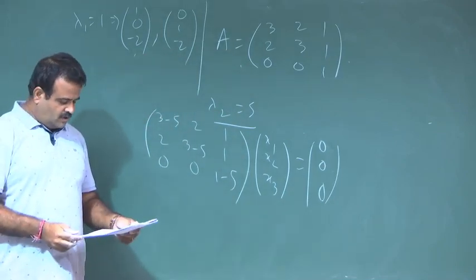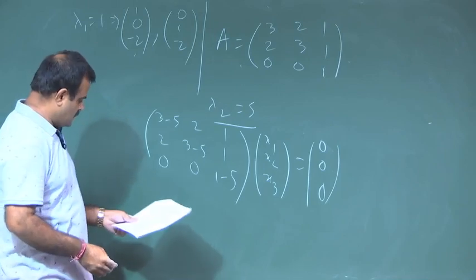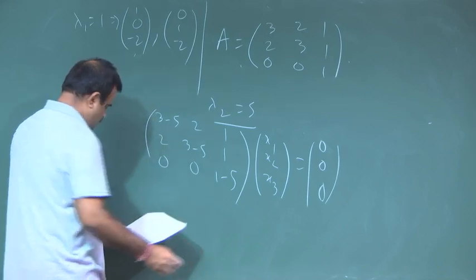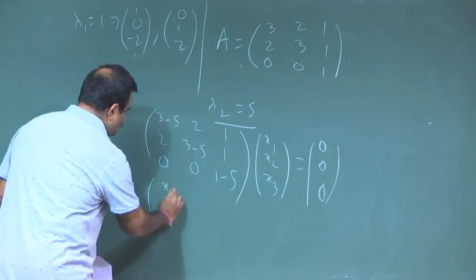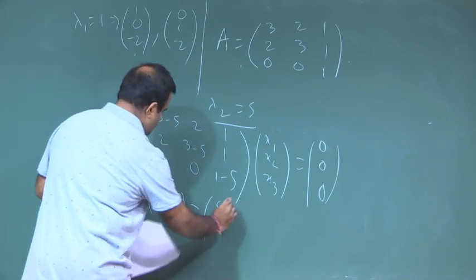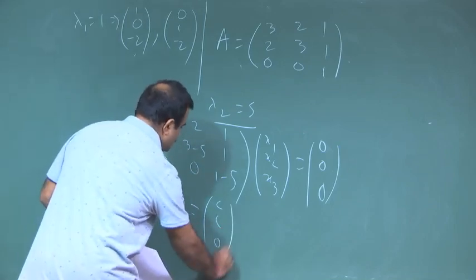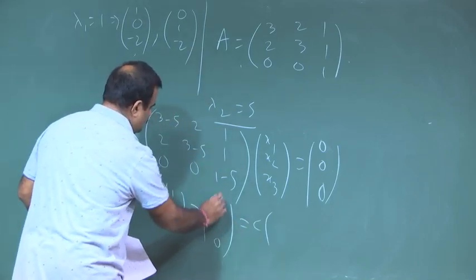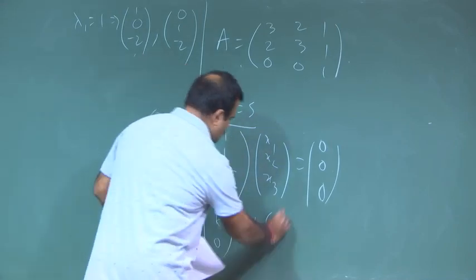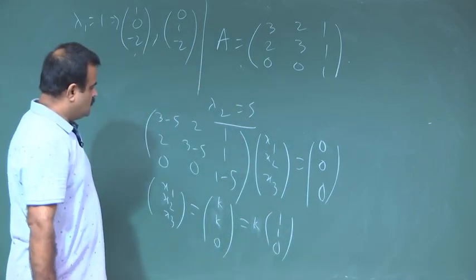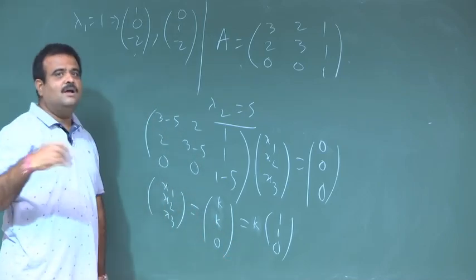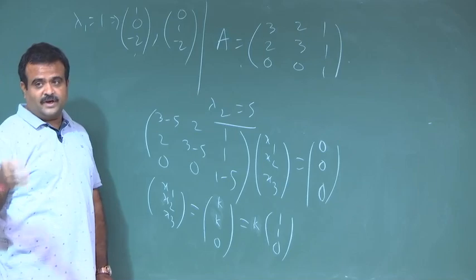If we solve these equations, we get x 1, x 2, x 3 as k times (1, 1, 0), where k is another constant. So the geometric multiplicity of this has to be 1, and that is the vector generating the eigenspace.